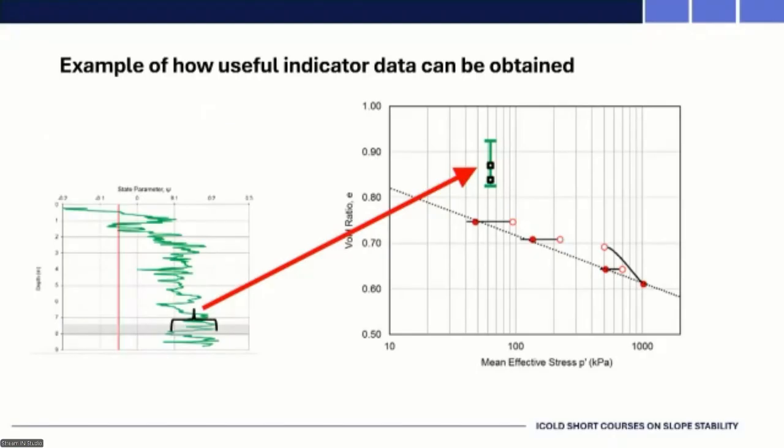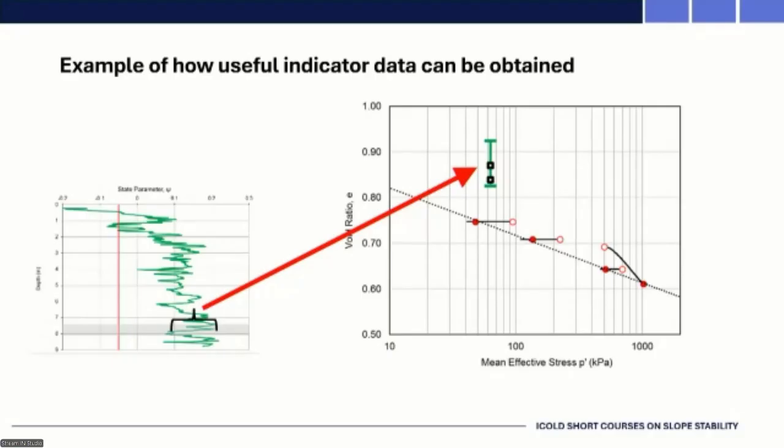But when we then plotted those gravimetric water contents converted to void ratios, and compared them with that critical state line shown there, those two data points, the two squares, which happen to be a green line, were way above the critical state line, clearly positive state parameters. So if that's what you're interested in, then it may be feasible even for some of the more problematic materials.